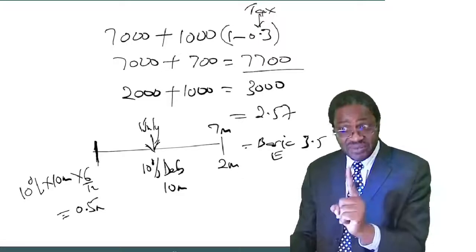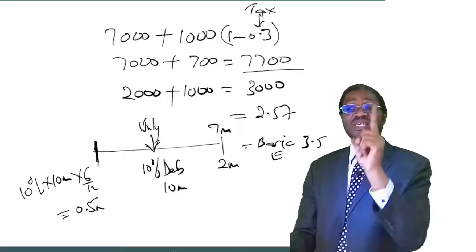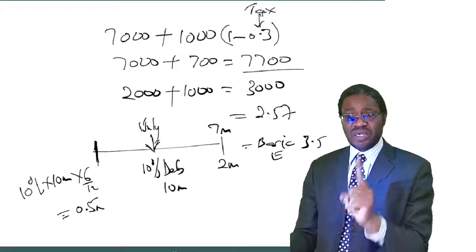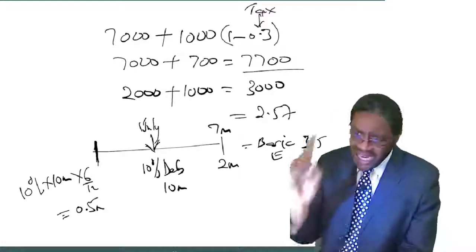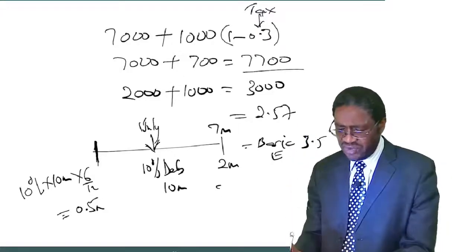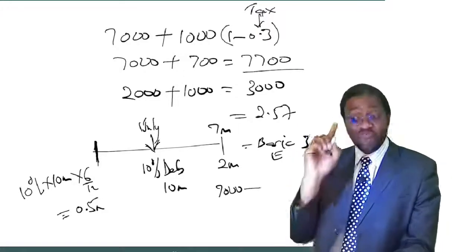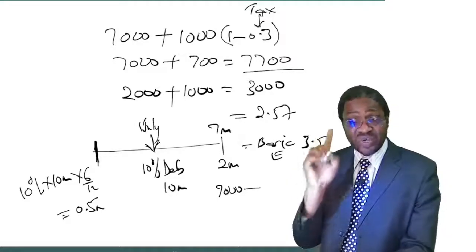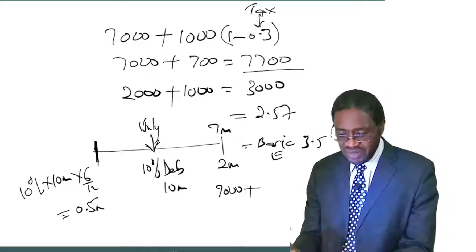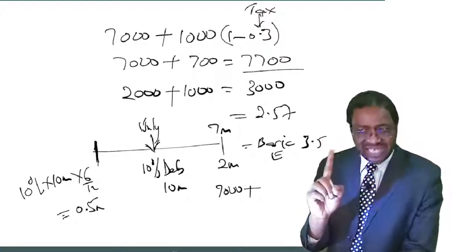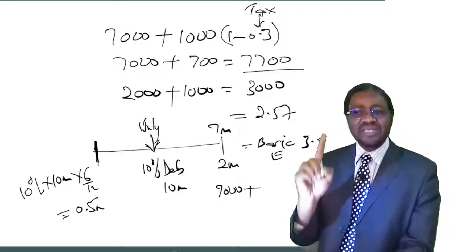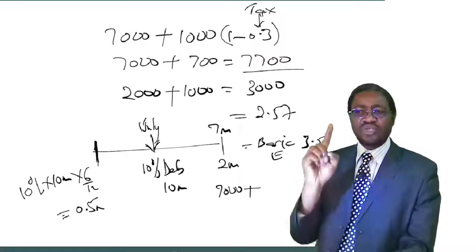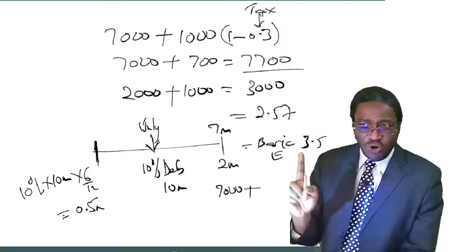But again, because interest is subjected to tax, if the earnings were 7 million for purpose of basic, to that 7 million you would add the interest saved net of tax.